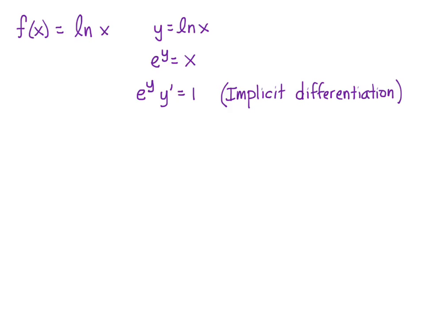So I have this by implicit differentiation. And so I have y prime equals 1 over e to the y. That isn't what I was looking for, though, really. I want an expression in x with the derivative. So I look back and I see e to the y equals x, so this is just x. So here's a nice, tidy, remarkable derivative in its own right. The derivative of the natural log of x is 1 over x.